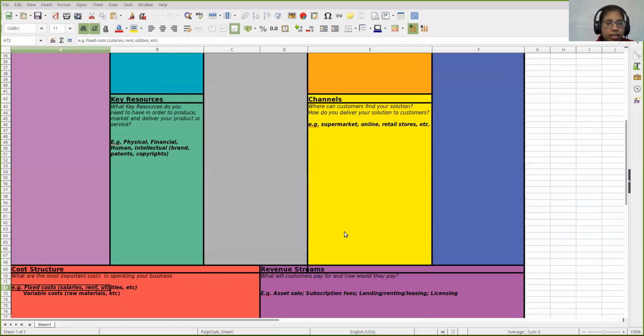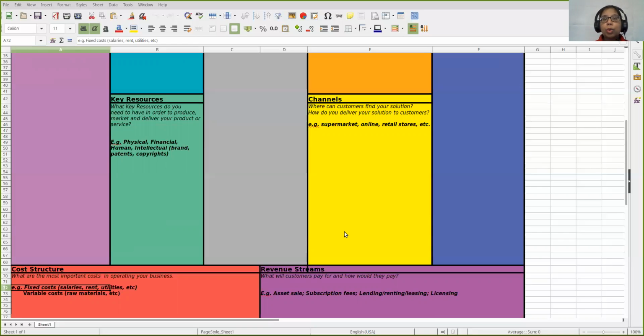So, fixed costs are those that remain the same from month to month, without taking into account any changes in your production. So even if you produce 100 items a month or 1,000 items a month, the fixed cost will remain the same.